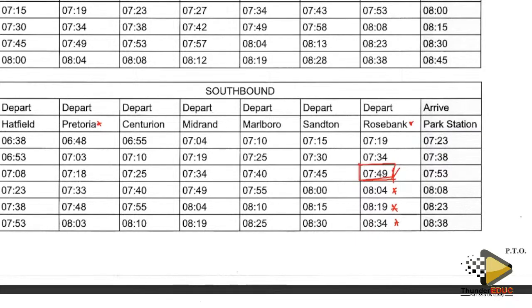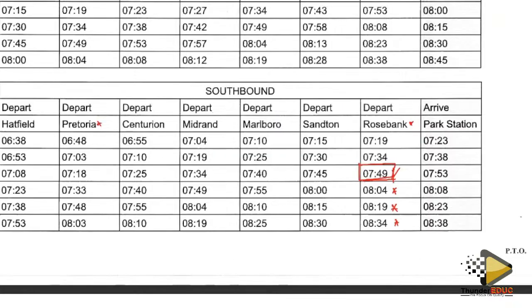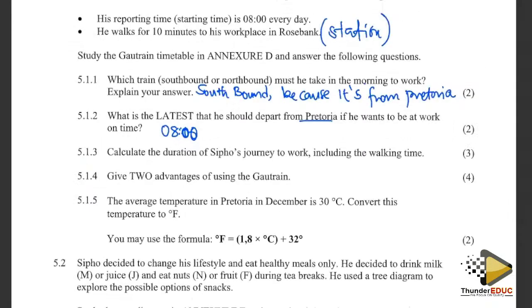So they are asking for the latest departure from Pretoria. When does that train depart from Pretoria? It should depart at 7:18. So he should leave Pretoria at 7:18.